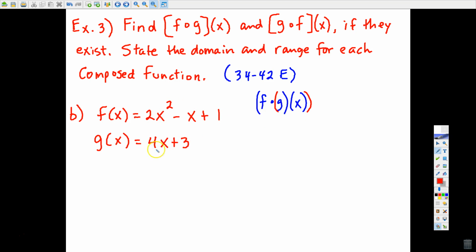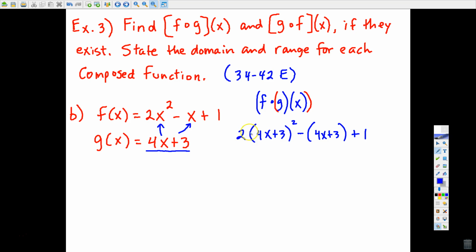So what this says to do is to take the g function, this 4x plus 3, and input it basically into this f function in place of both of these x's. Okay, so here's what that looks like. When I input 4x plus 3 in for x, I get 2(4x plus 3) squared minus (4x plus 3) and then plus 1. And now I just work on simplifying.